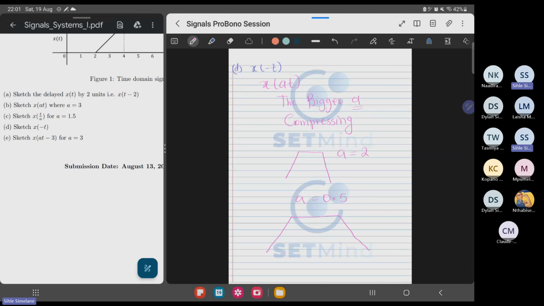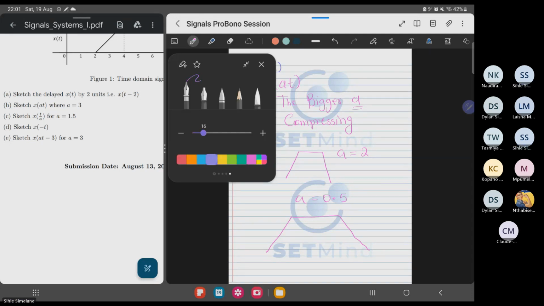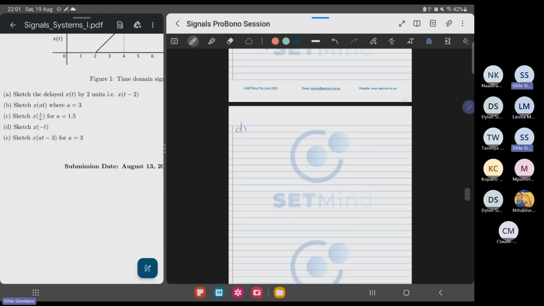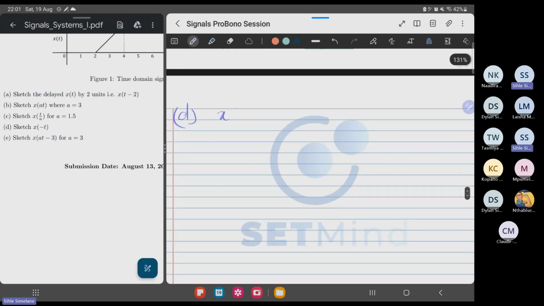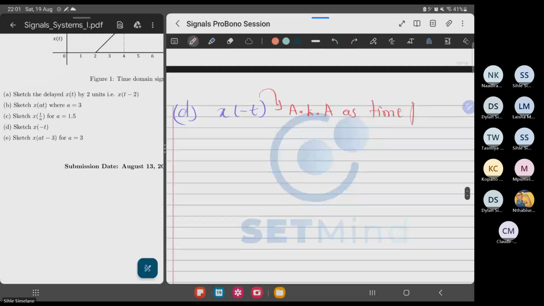Let's quickly dive into our D and see how we compute our time reversal. So let's go and do our D here. Our x of negative t is also known as time reversal. So when they say perform time reversal, all they're doing is taking the t, wherever you see t, put negative t.